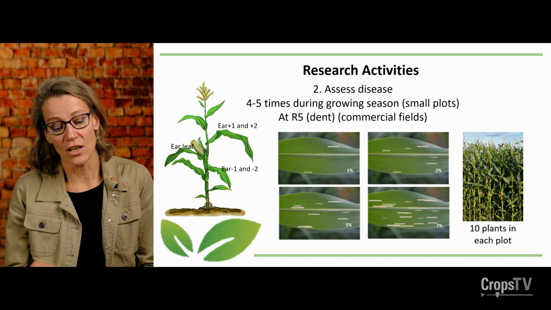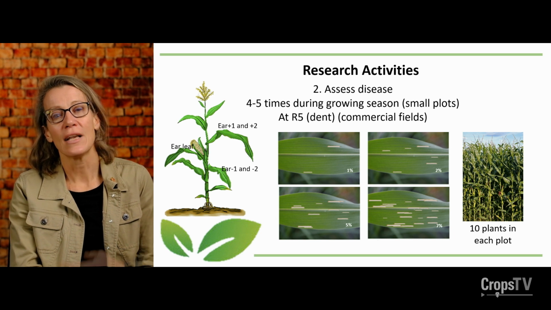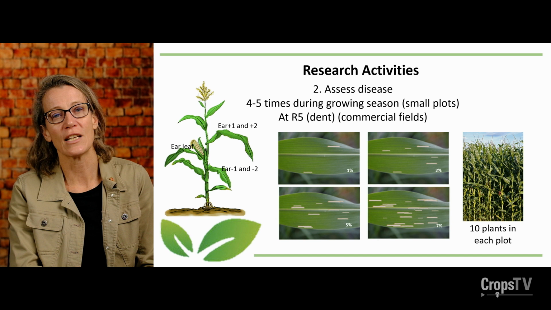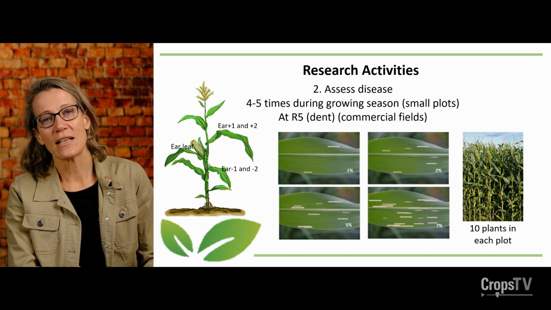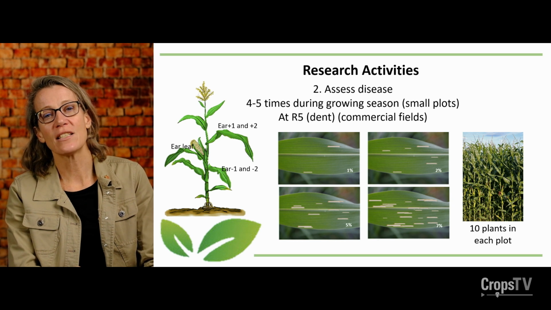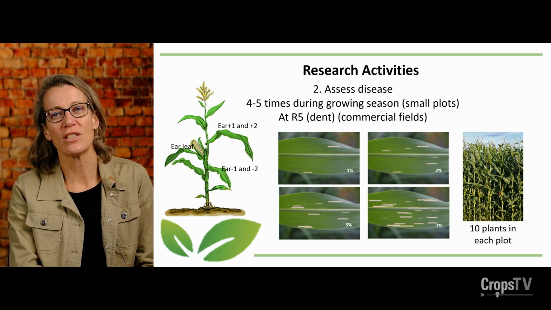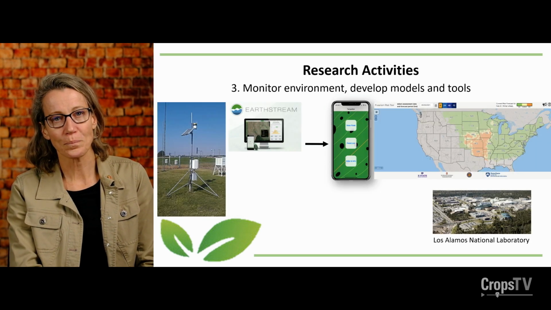So we're collecting an enormous amount of data, seeing how the disease is developing during the growing season. For the commercial fields, we just go out once at R5, so at dent, and just get an idea of how much disease occurred in that field.